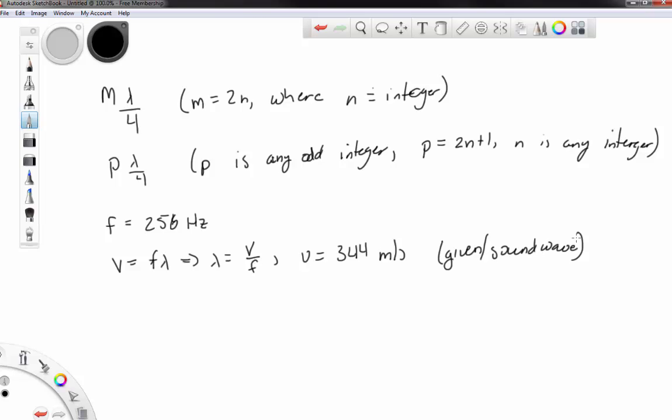So lambda is equal to 344 meters per second divided by 256 Hertz.